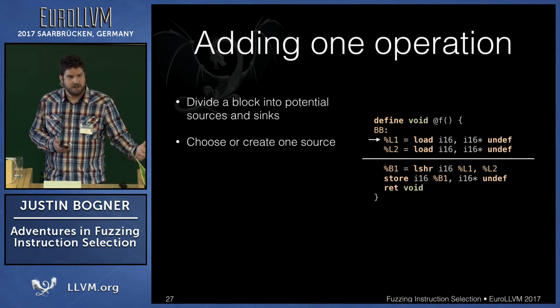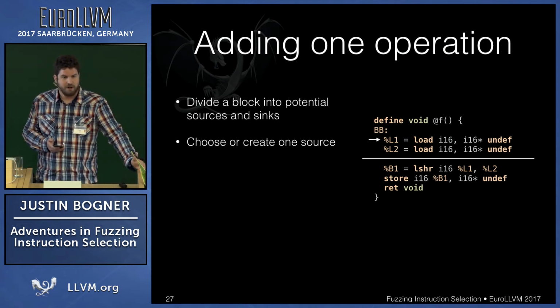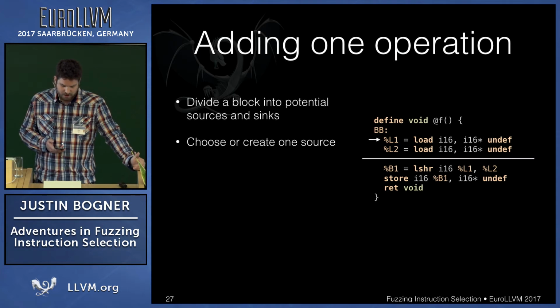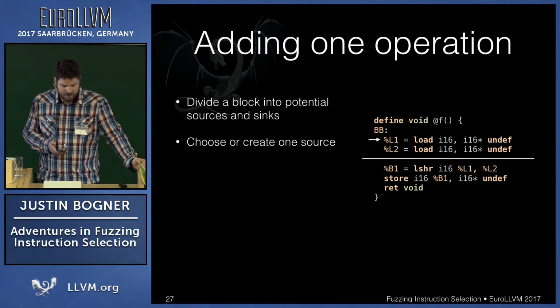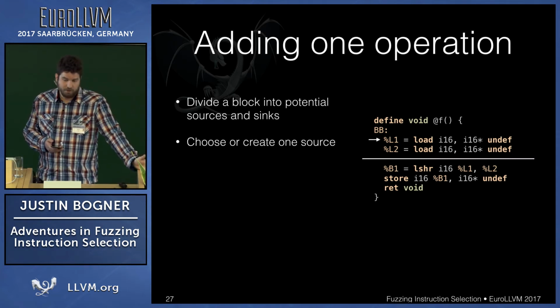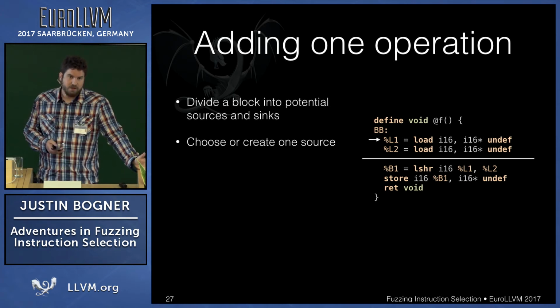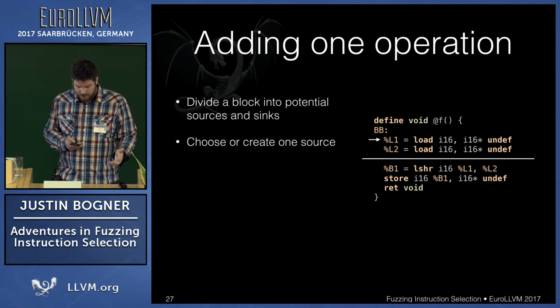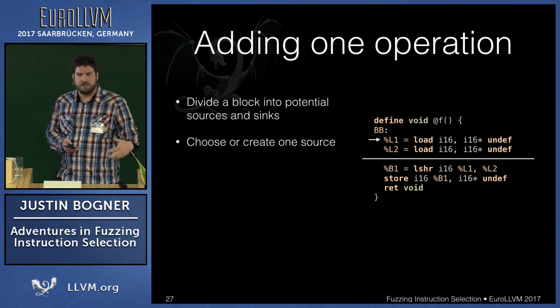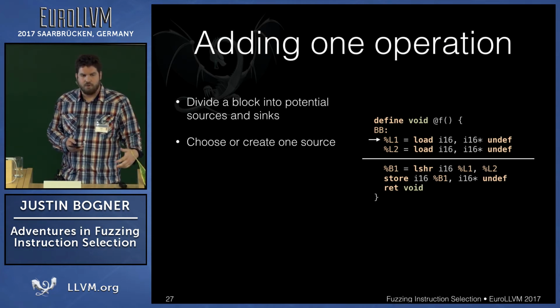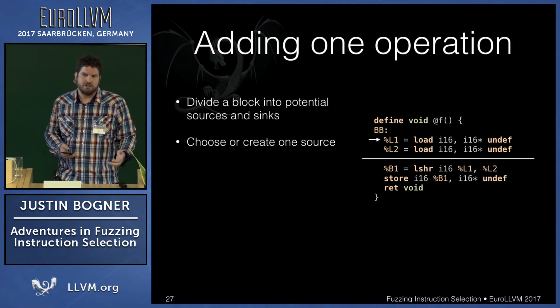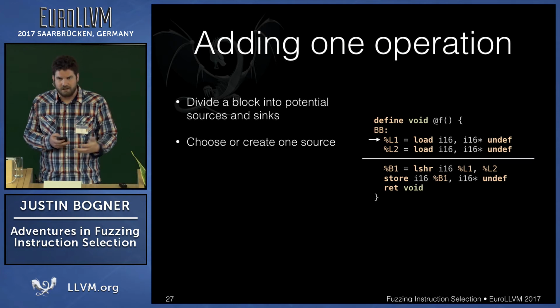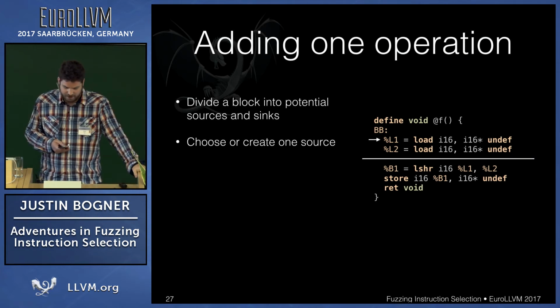Next, we need to choose a source by randomly selecting from the list of sources. Here we'll say we choose L1. Note that this is before we choose an operation, so that we can use the source's type to constrain the possible operations we could choose. This way we're more likely to use instructions that are already in the function, rather than creating a random operation that uses types that aren't there and having to create new sources and sinks, just combining unrelated things.